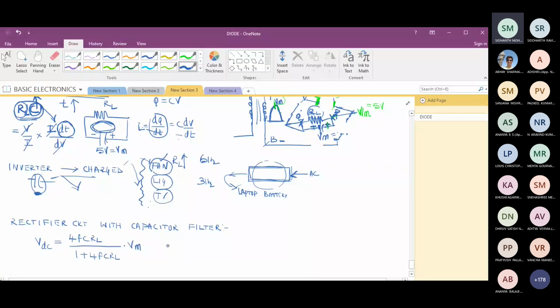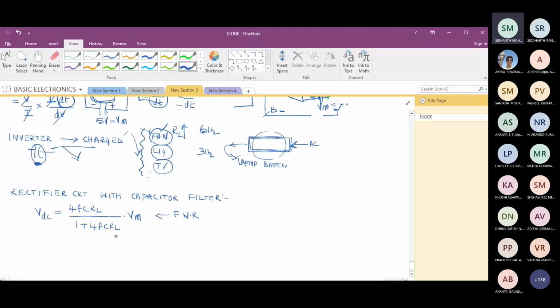This is for the full wave rectifier, FWR. For the half wave rectifier, HWR, this is 2FCRL divided by 1 plus 2FCRL. Is this fine?